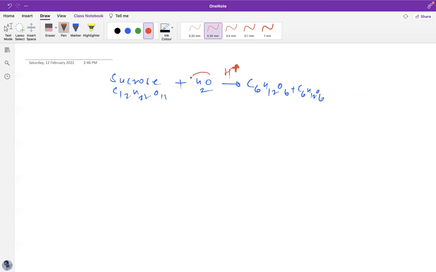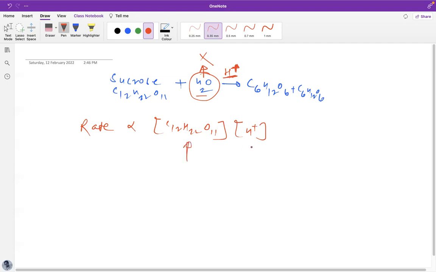Now you can see H2O is present in the reactant, so its concentration has no meaning here. If you write the rate, it is directly proportional to the concentration of C12H22O11, and you take H plus because the medium is acidic, not H2O. So the rate depends upon the concentration of sucrose as well as the hydrogen ion concentration.